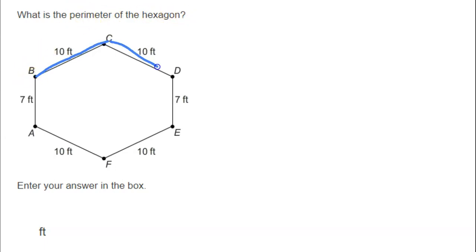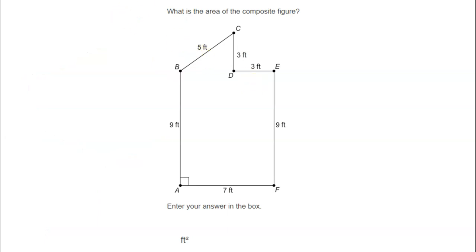Go ahead and add each of these up. And what is the area of this composite figure? Base times height divided by 2, as well as base times height here.